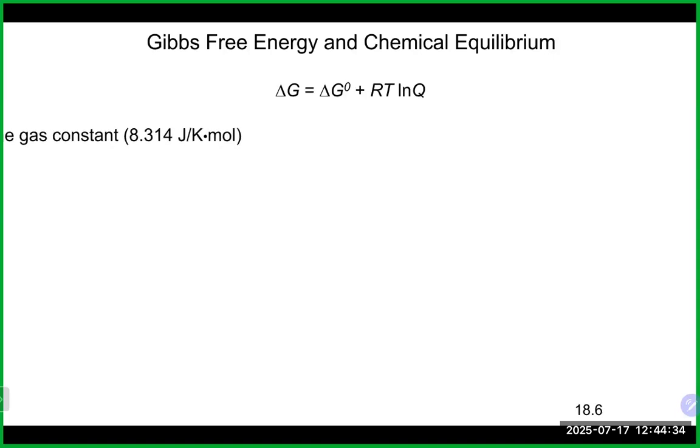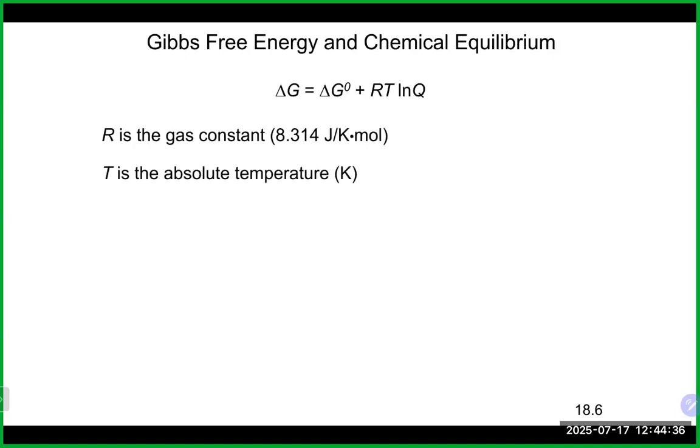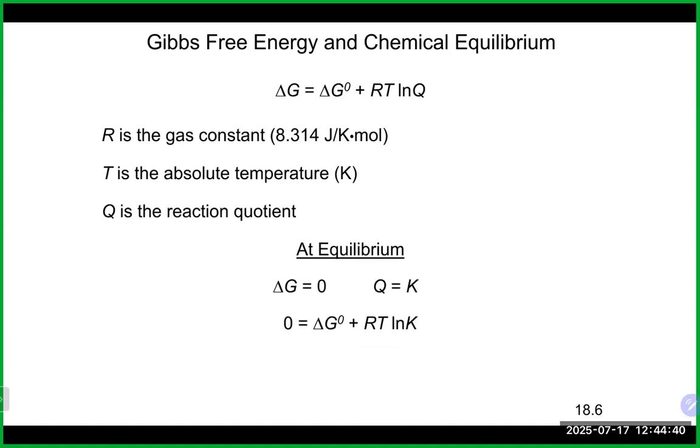All right, then let's talk a little about Gibbs free energy and equilibrium, because it's been a bit since we've done equilibrium, so we got to talk a little bit about it, I suppose. So here we got a couple more delta G formulas. We got delta G is equal to delta G naught plus RT natural log of Q. So these are a couple different things here.